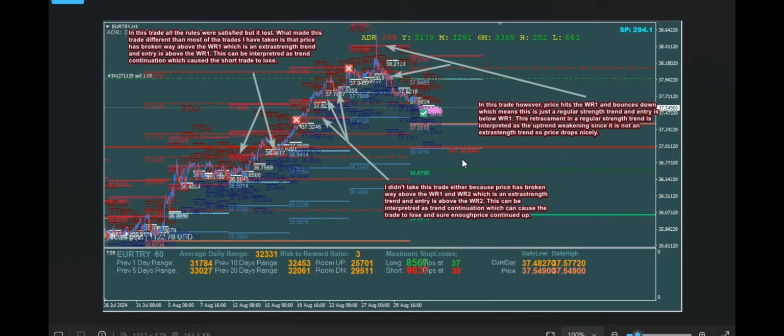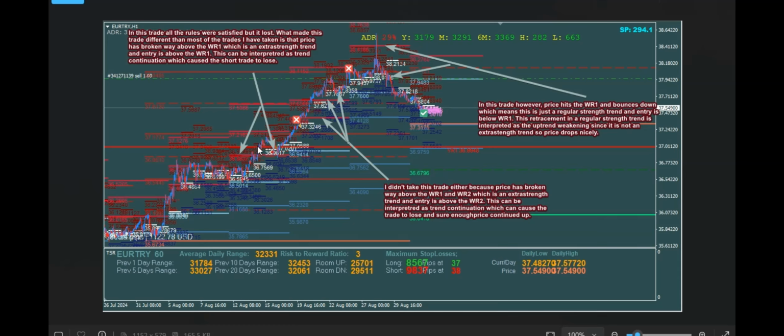Price moved up and hit the yearly R1. Then it hit the monthly R2. It also hit the weekly R1. It actually broke above the weekly R1 and came close to hitting the weekly R2.